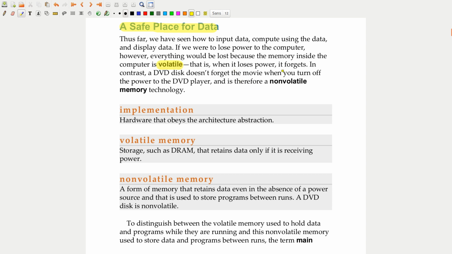That means that when it loses power, it forgets. So this is temporary storage. Otherwise, we have forms of storage, such as DVDs or magnetic tape, that are non-volatile memory. That means if we lose power, they retain all of their information.